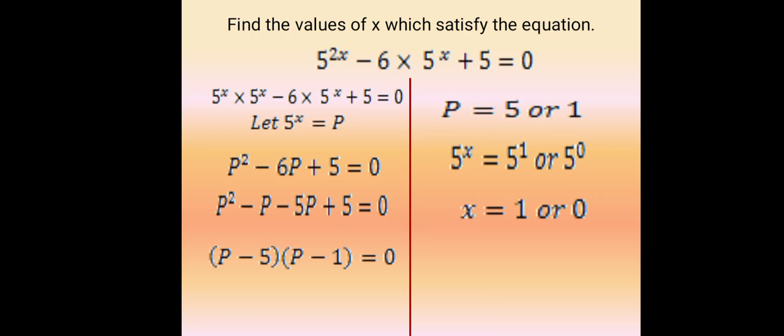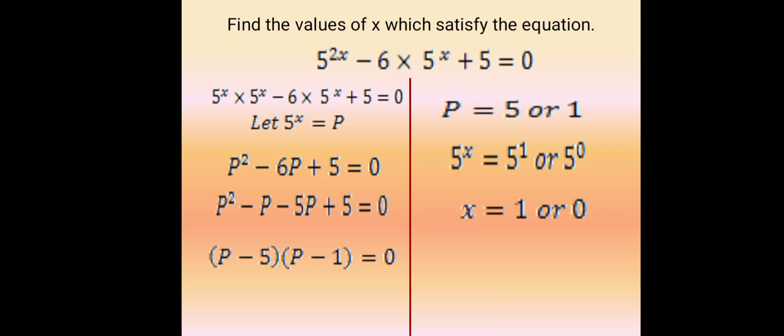Now, break 6p. You can see negative 6p there. Of those factors we have found, negative 1 multiplied by negative 5 and positive 1 multiplied by positive 5, find the ones you can add and get negative 6.